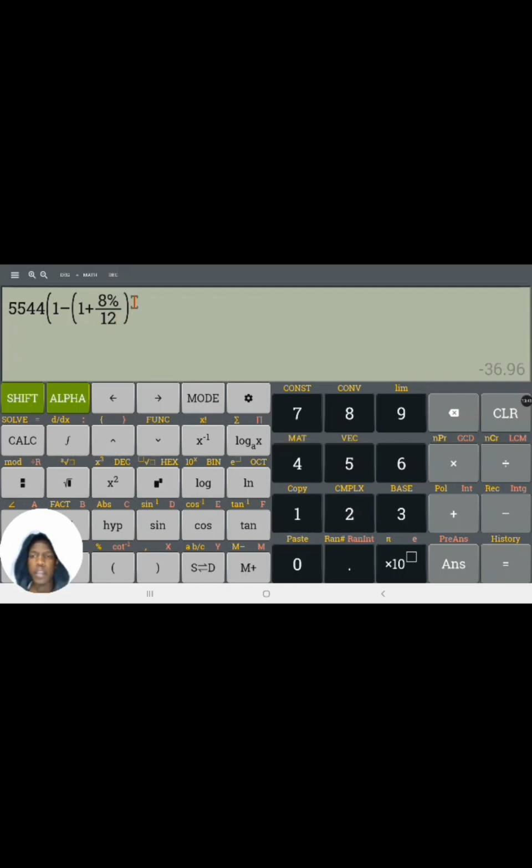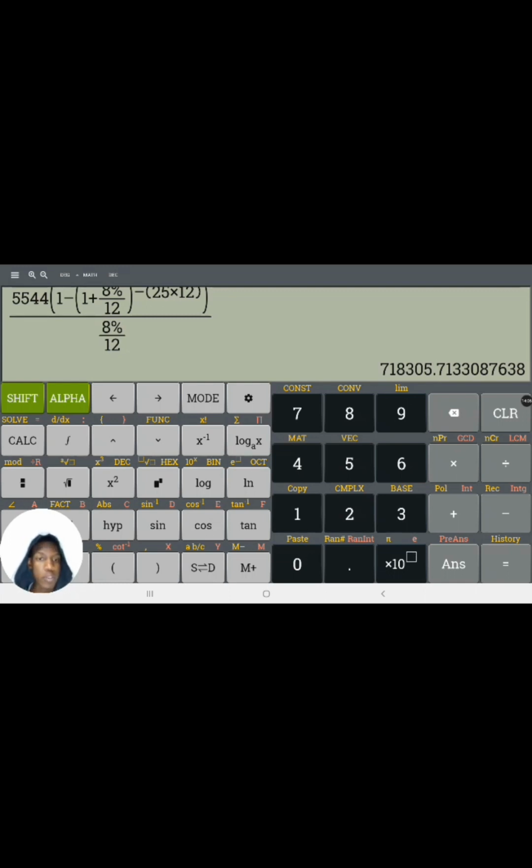Then close your brackets, all to the power of negative 25 times 12. Then close your bracket, all divided by 8%. Remember, do not miss the 8%, put it in there. Then this is how much Daryl will have to borrow.